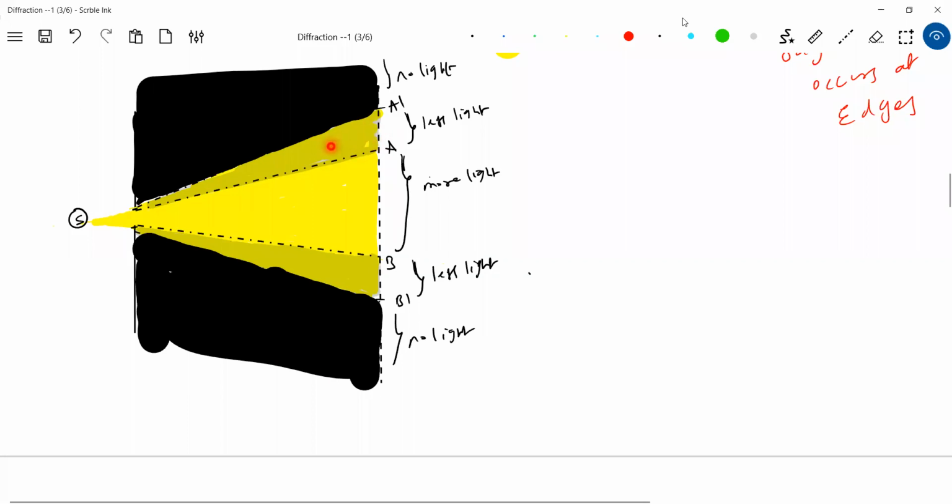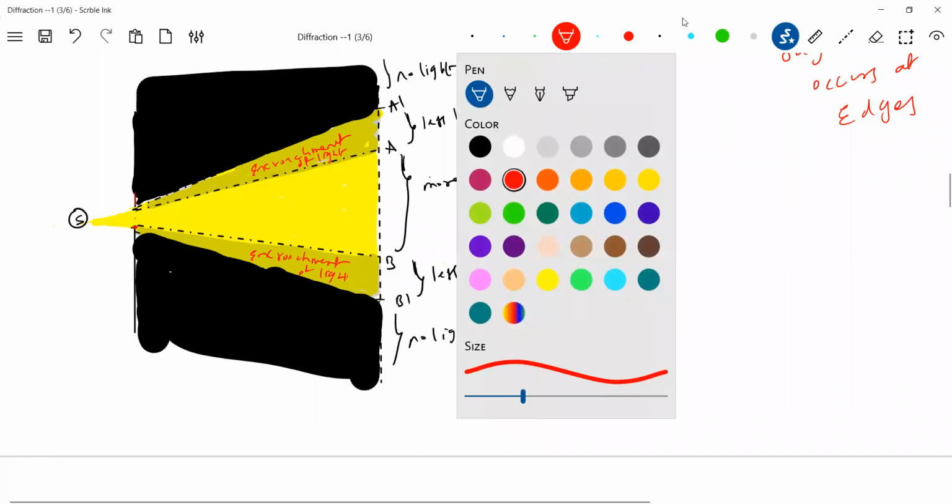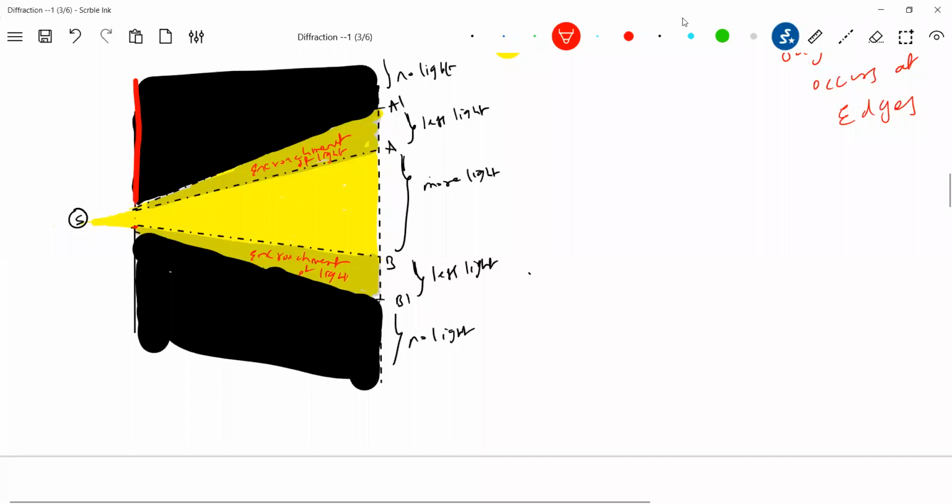So why is there encroachment of light here? Why? It starts bending. It will not bend here, it will bend at these edges. So this is the slit. So got this one. These are some examples we are giving.